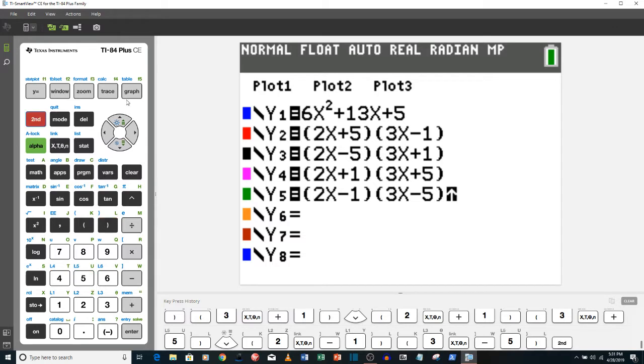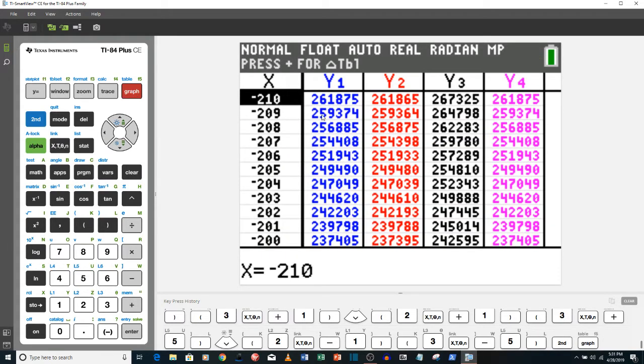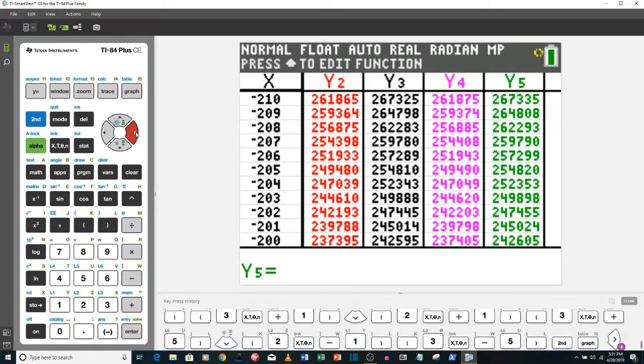And now we'll hit second graph and just look at the answer choices. Okay. So I'm looking for 261875, and that's matching up in the pink column, which was answer choice C.